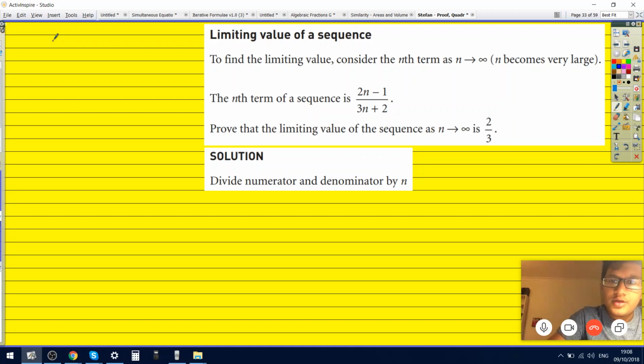So that would be, if we divide everything by n, you'd get 2/3 minus 1 over n.